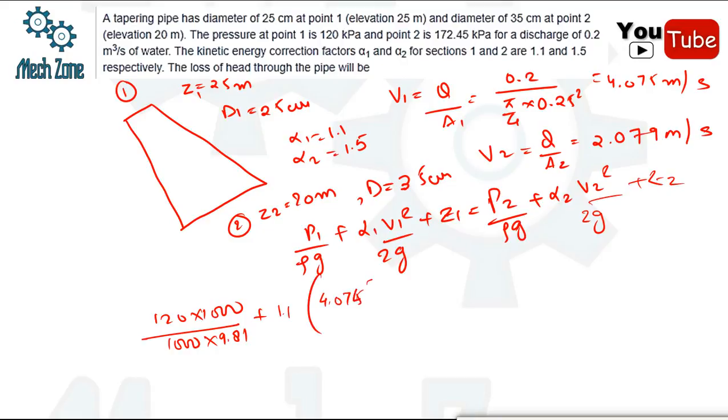4.074² divided by 2 × 9.81 + Z1 has been given as 25 meters.